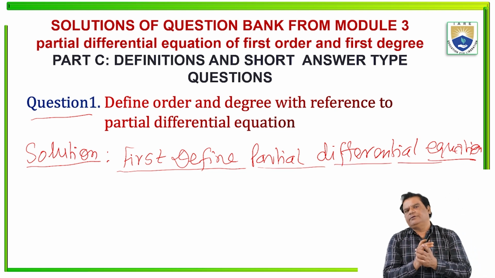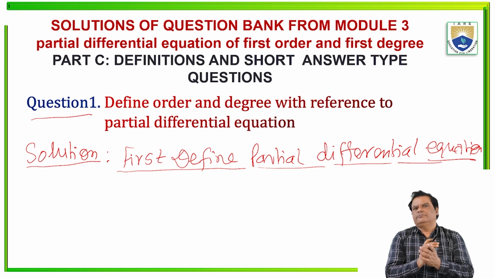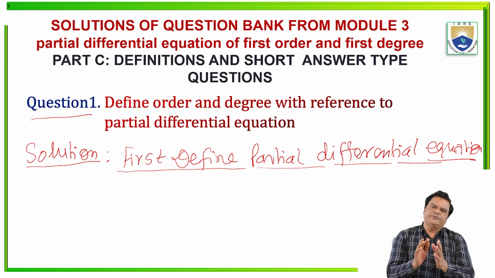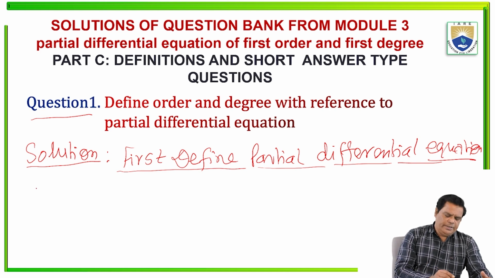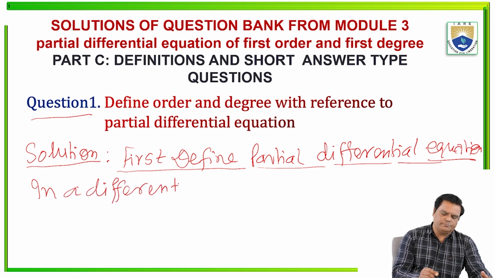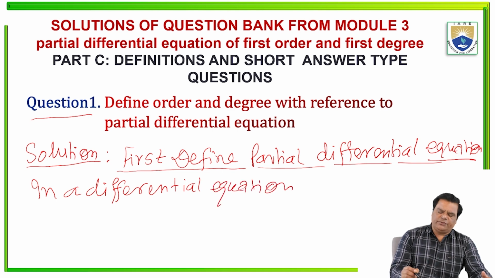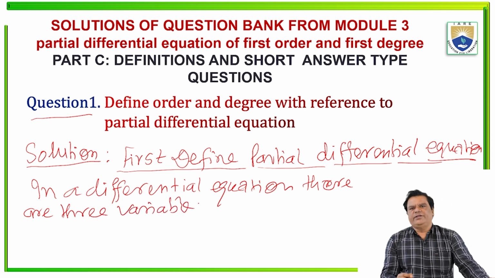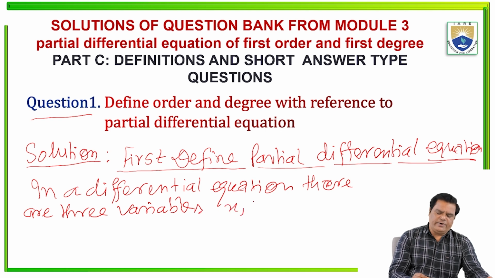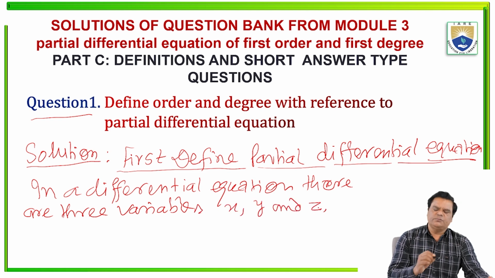In a partial differential equation, there are three variables: x, y, and z.